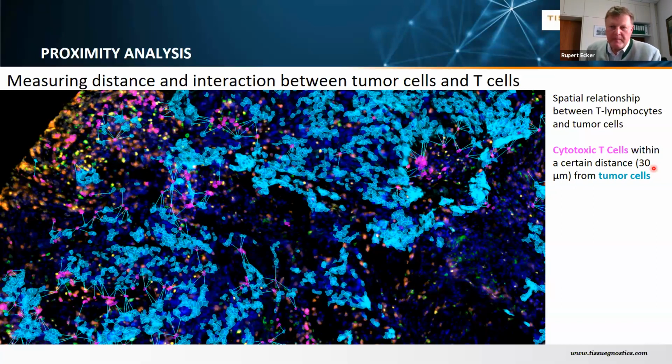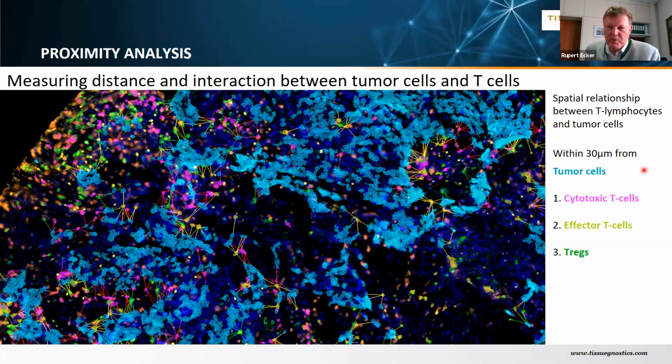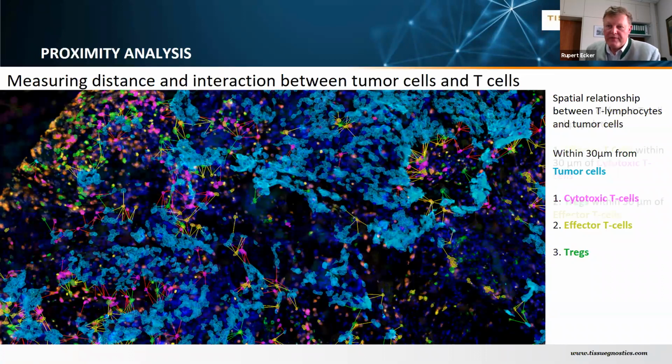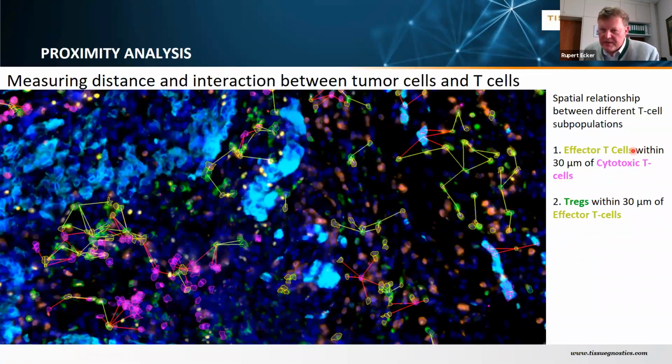Here we see the same tumor cells in blue, cytotoxic T cells in pink, effector T cells in this kind of yellow or green, and the dark green are the regulatory T cells. Or here we have effector T cells in this yellowish color, cytotoxic T cells in green, and regulatory T cells within 30 micrometer of effector T cells.